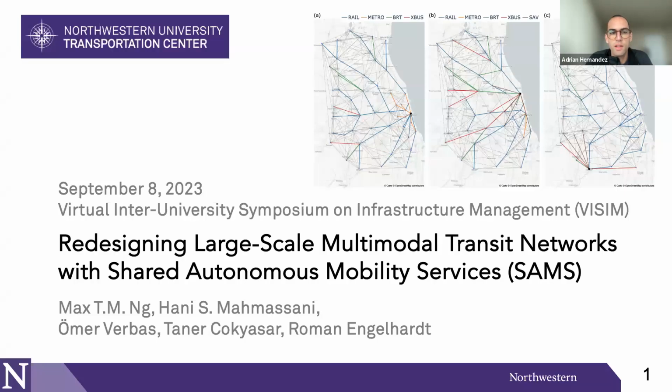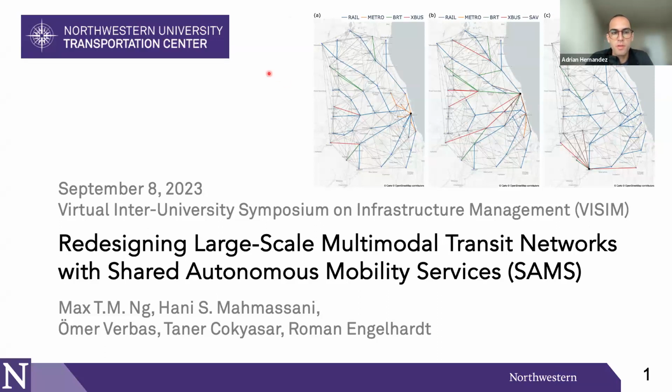Max Ng is a PhD candidate in transportation engineering at Northwestern University, and his research interests lie in public transit, smart mobility, network modeling, and data analytics. He's currently collaborating with Argonne National Labs on the project redesigning multimodal transit systems with shared fleet mobility services, which he will be presenting some of his work on today.